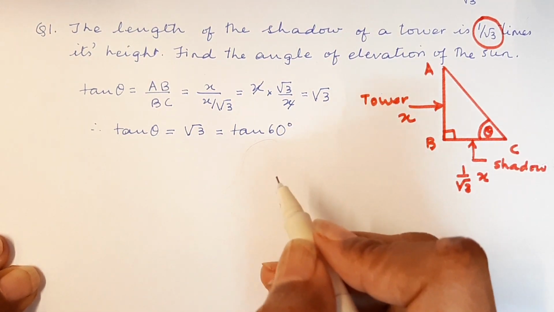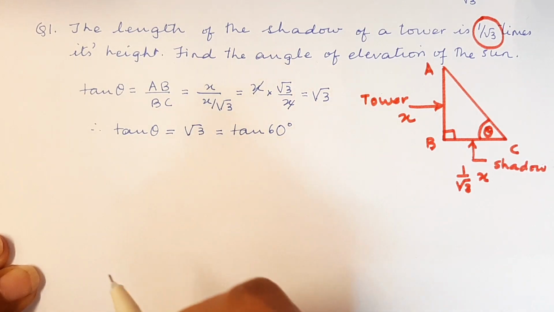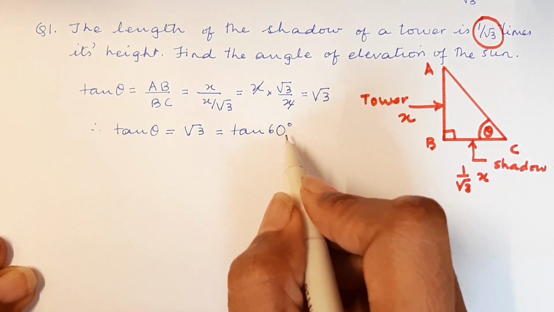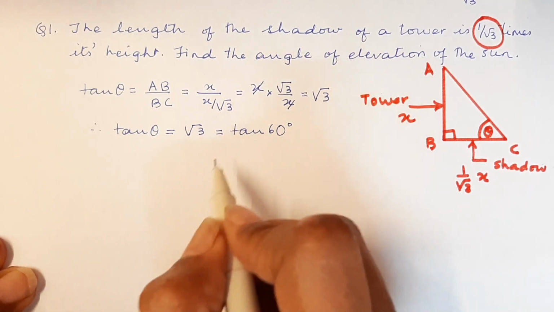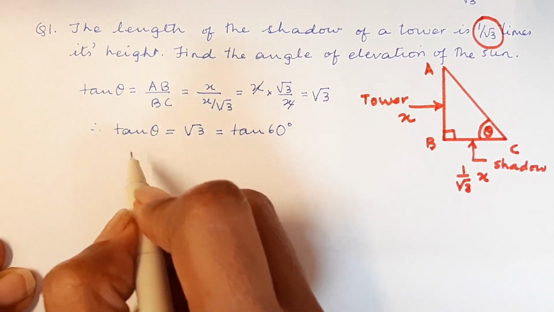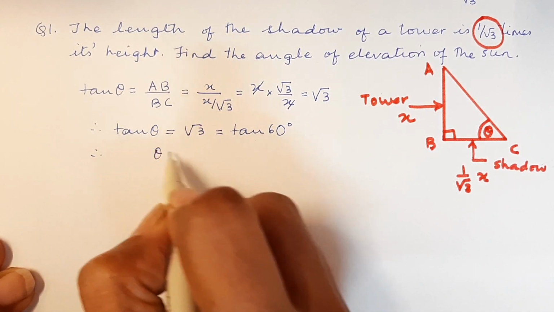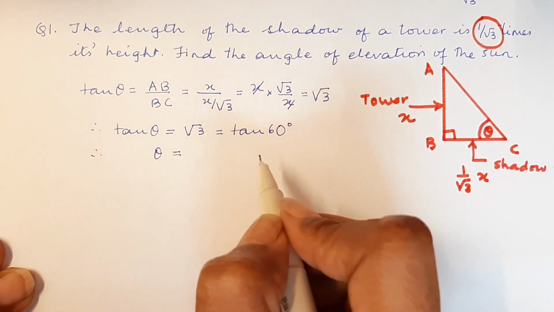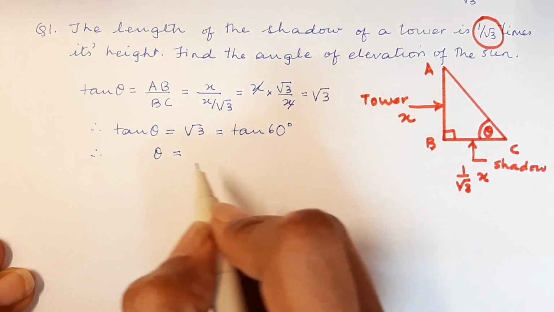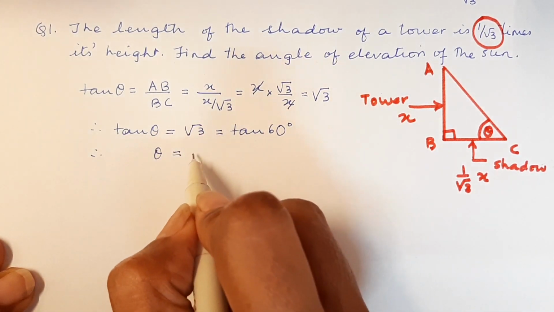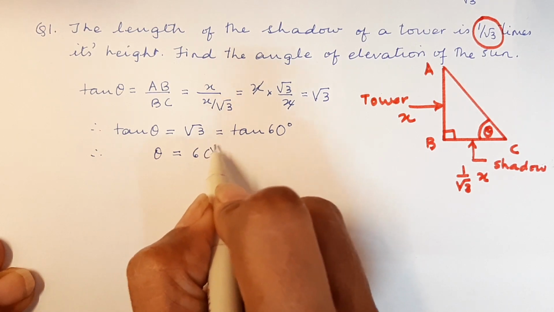Remember to watch my earlier video where I have spoken about the ratios of the standard angles. 60 degrees is a standard angle and we know how to calculate the ratio by looking at the table or simply looking at your hand. You can watch that video to understand how to get that value. So now if tan of theta is equal to tan of 60, then theta becomes 60 degrees.